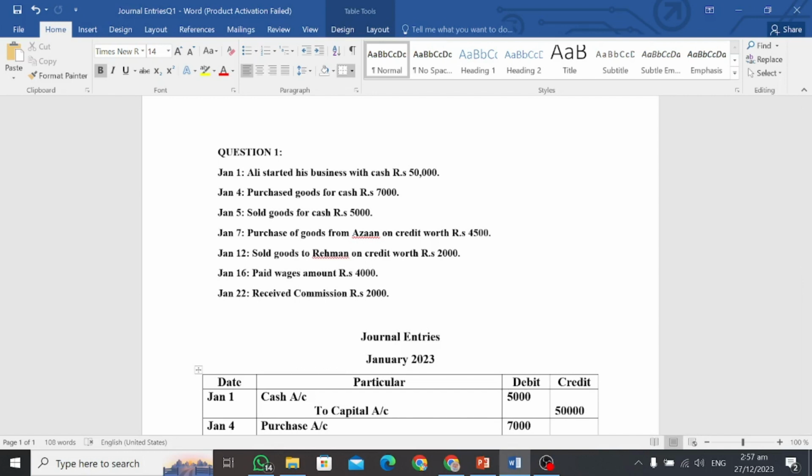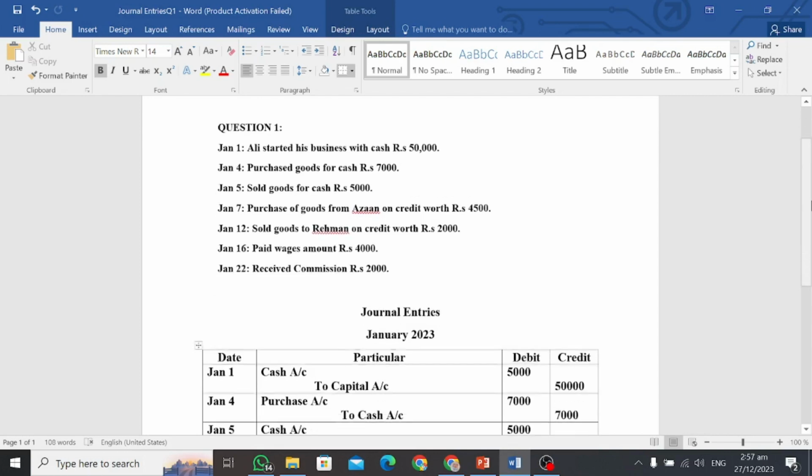Account receivable is considered an asset. So value of account receivable is increasing, so it will be debited. As goods are being sold, the number of goods are decreasing, so its value is decreasing, so sale account will be credited.